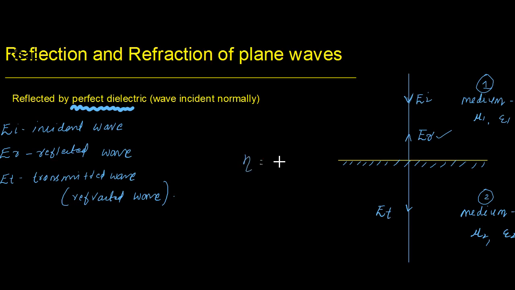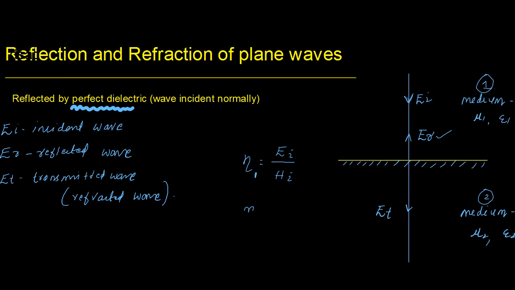It is the electric field intensity upon the magnetic field intensity. For the incident wave, we can represent it as EI and HI, where EI is the electric field intensity of the incident wave and HI is the magnetic field intensity of the incident ray. So this is the characteristic impedance of medium 1.